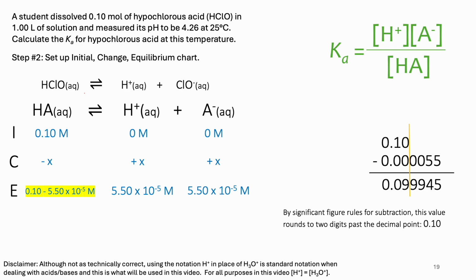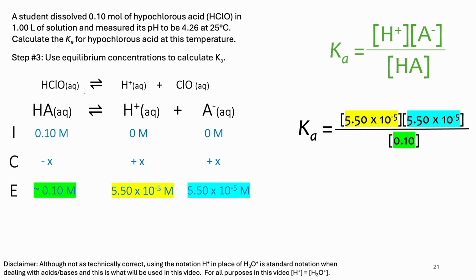So we are limited here by our initial measurement of 0.10 moles of hypochlorous acid. So if I were to do this calculation and keep track of significant figures, what you're going to see is that we would need to report our value to the hundredths place. And you can see that this is going to round to 0.10 molar. And this is going to be an important thing to keep in mind as we consider additional weak acid equilibria calculations.